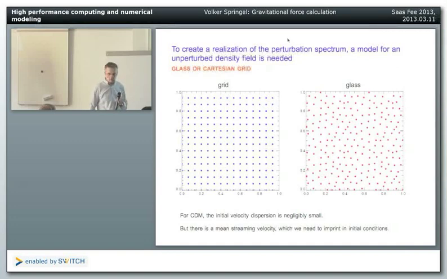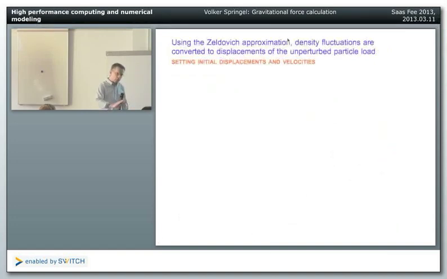Both are a good model for an unperturbed universe, and you now have to perturb that unperturbed universe with your realization of the power spectrum. For this, you use the Zel'dovich approximation, right? How is that done? Well, you want to displace the particles from their Lagrangian coordinate. This is the initial coordinate in the unperturbed universe, say q.